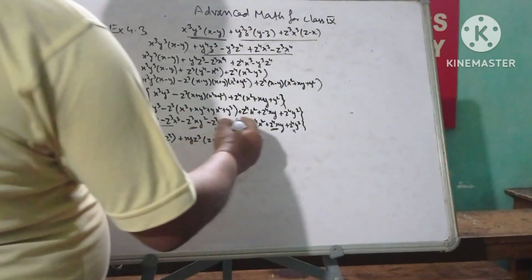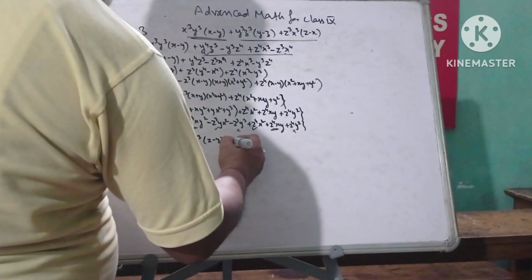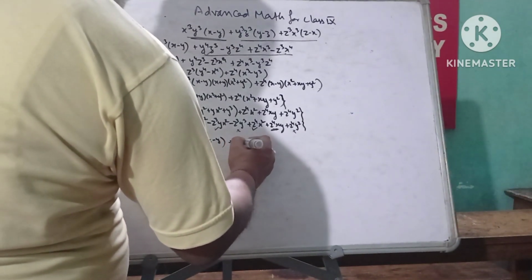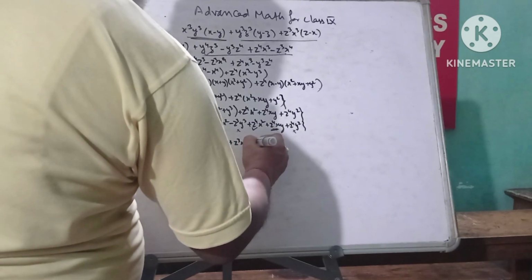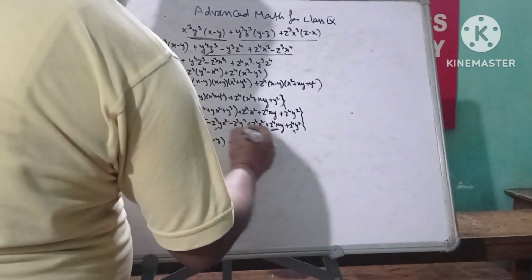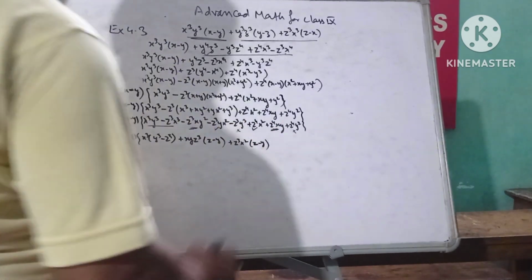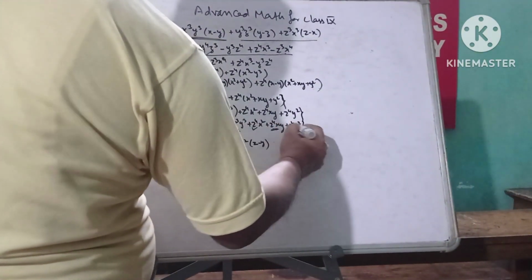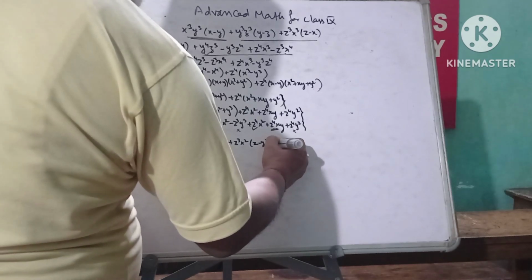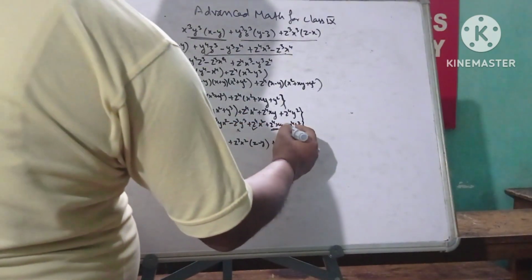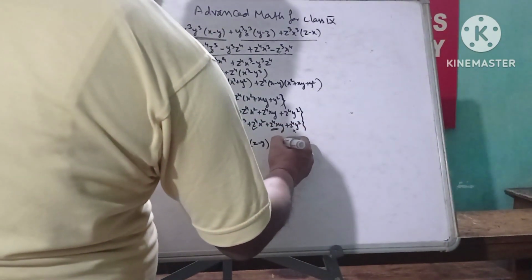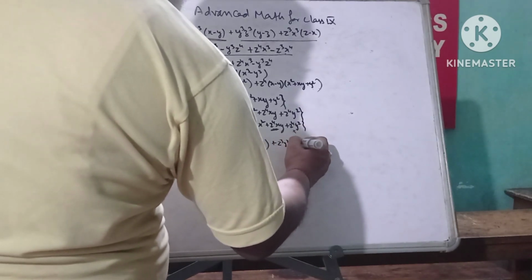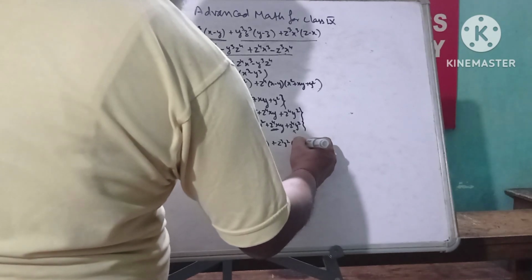Again from these two we are going to get z cube x square, so here remains z and here remains minus y, and from these two we are going to get z cube y square, so this will be z minus y.